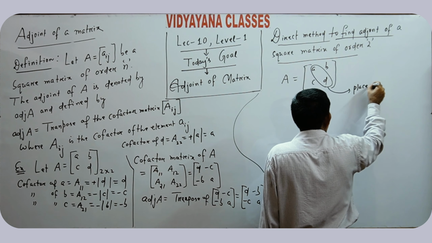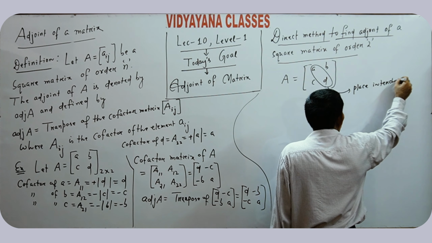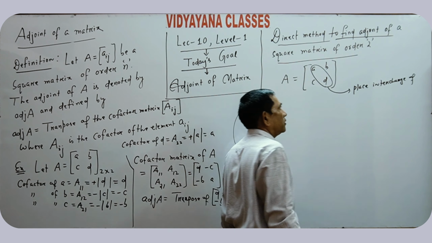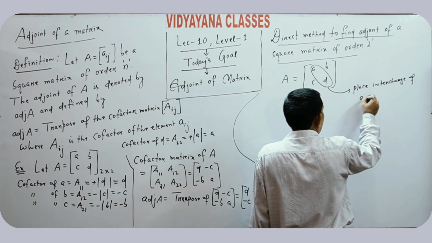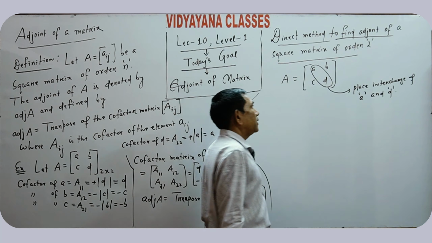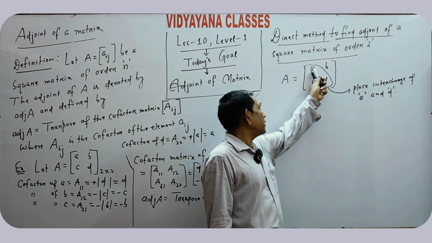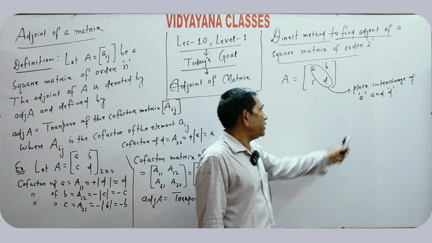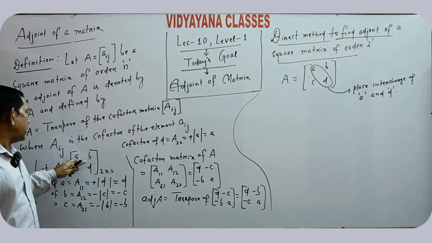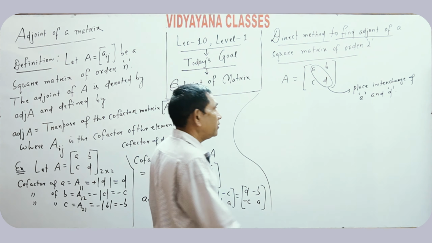Place interchange of A and D. A will be D and D will be A. In this example, A is replaced by D and D is replaced by A. Clear?